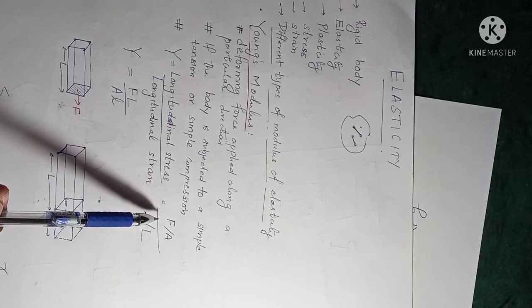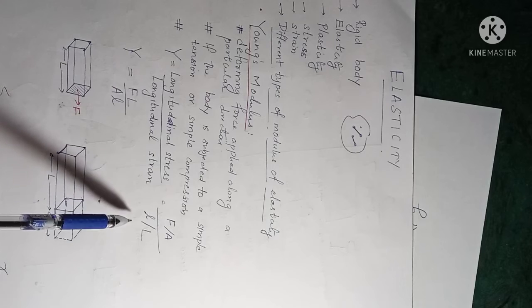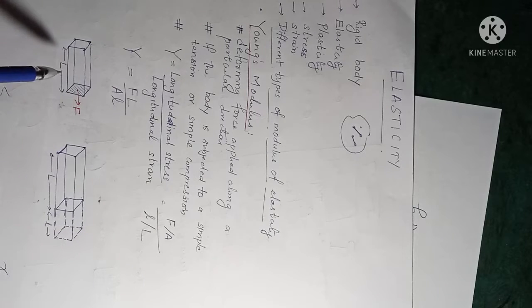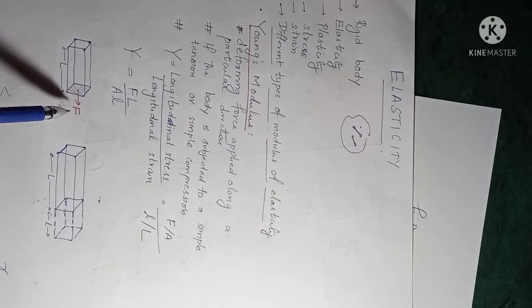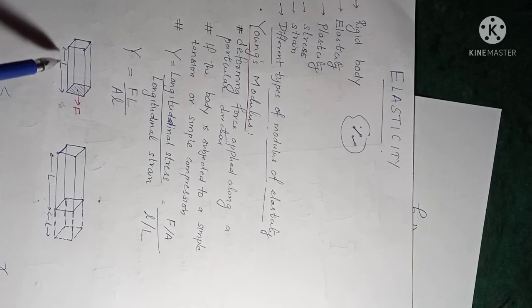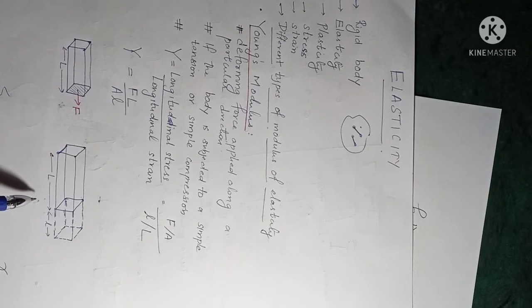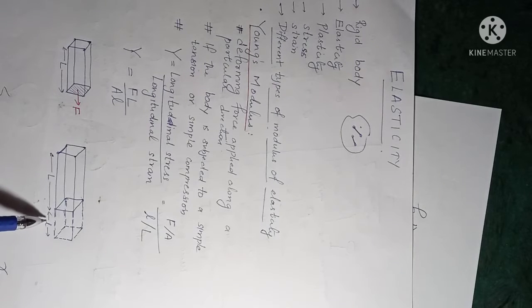And longitudinal stress is given by force per unit area, so force by area. And longitudinal strain is the change in length to original length. Here you can see a body and force is applied perpendicular to the surface. The original length of the body is capital L, and after we apply a force, the body elongates along this direction, and there is an additional length small l.